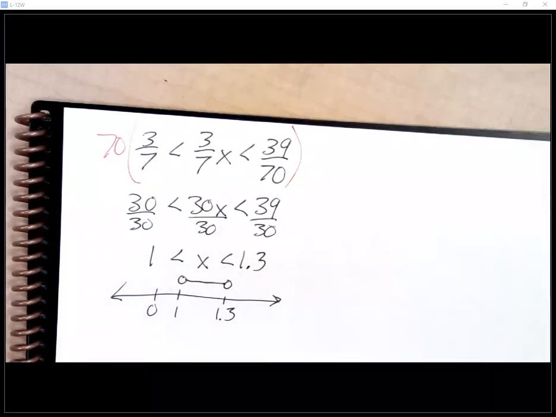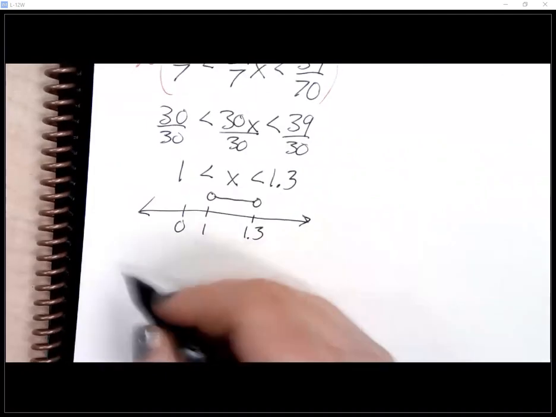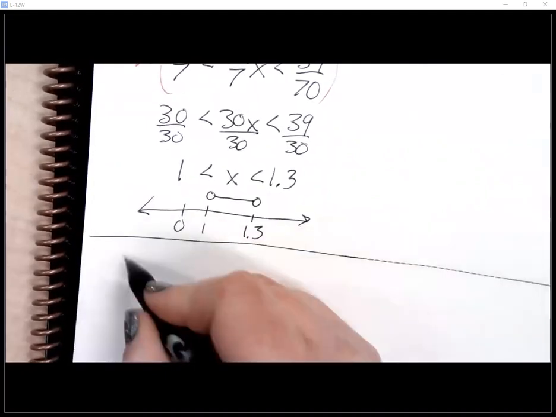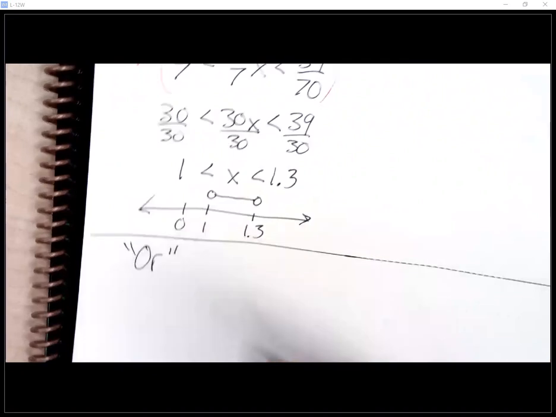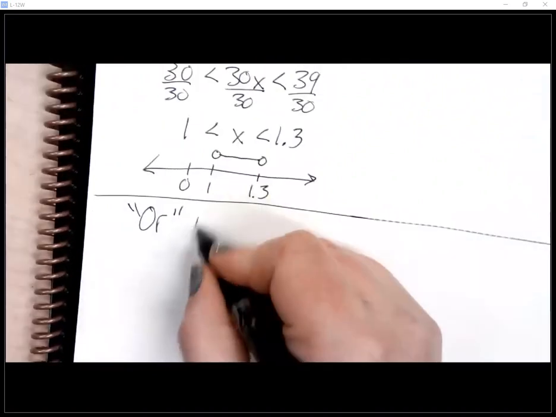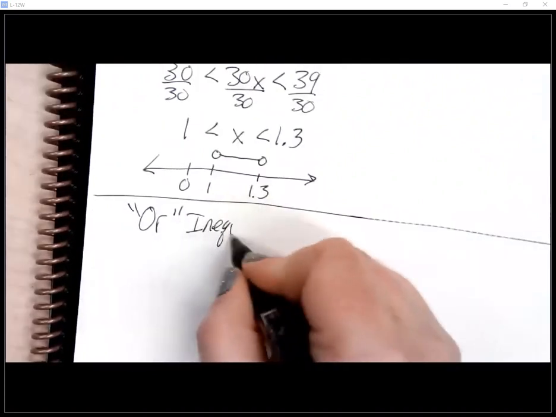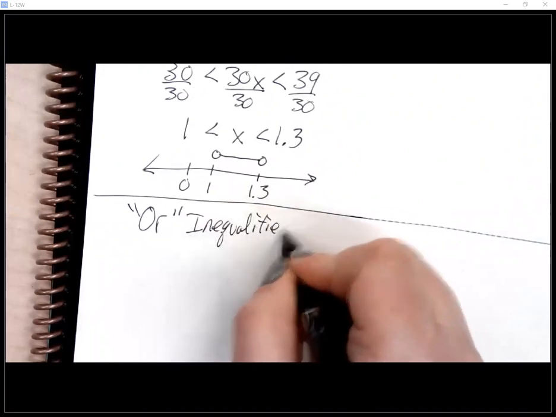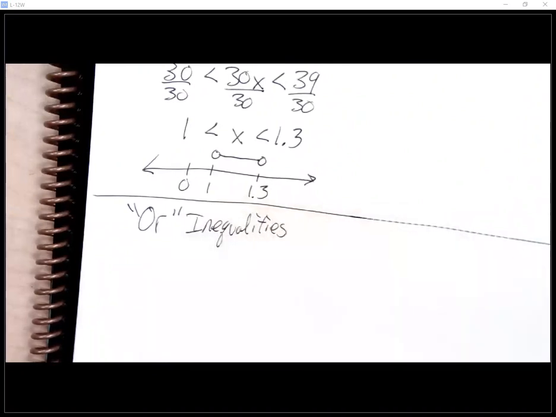All right, let's talk about ors quickly and then we'll be done. Okay, so or inequalities. These cannot be joined together like we saw with the and. So ands, remember, there's two ways. Either it's literally going to say the word and, or it's going to be written as one big giant compound one with 3 parts. Ors can't do that.